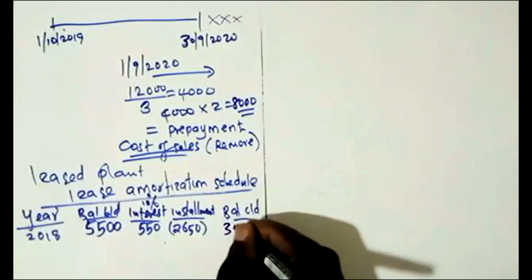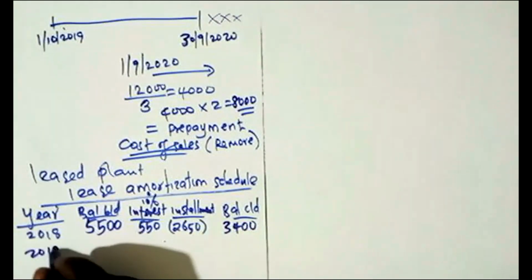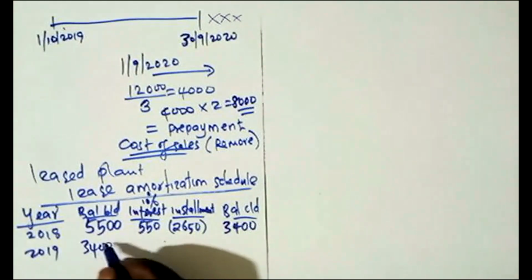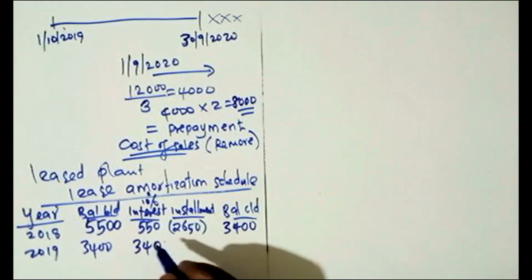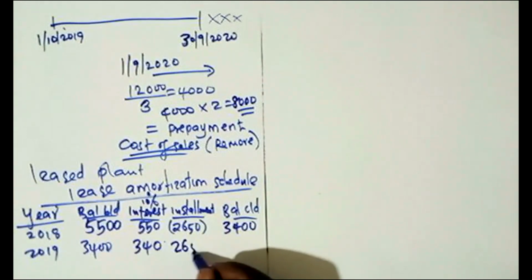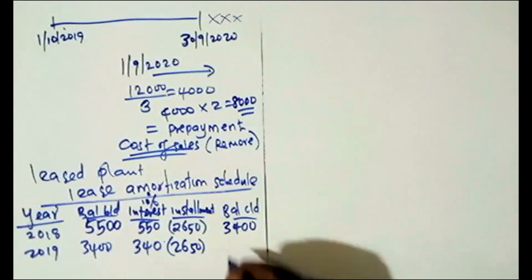So this is 34. That is 34. So which means that in 2019, 3,400. So 10%, 340. Remember 2650 is just paid annually. So 3,400 plus 340 minus 2650. So that is 1090.